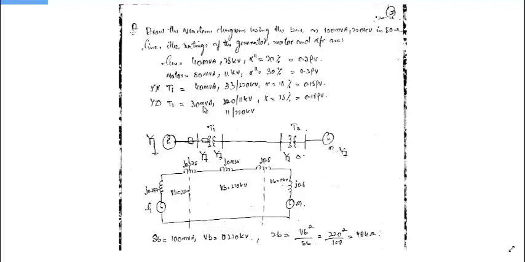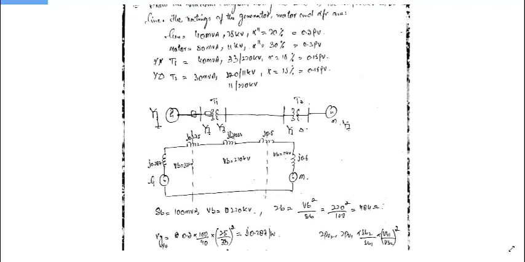Otherwise it is your choice, but it is advisable to take the base MVA as the highest MVA of any equipment present. Since here, if we are not given the base MVA, we may take the base MVA as 50 MVA, the MVA rating of the motor.